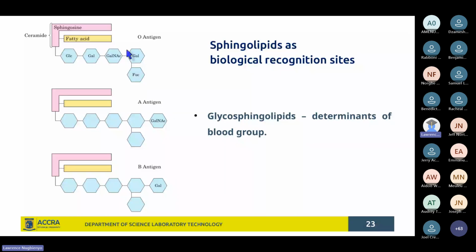So persons that are blood group AB will contain both A and B antigen. So you do remember these things. This is the foundation: in different persons you have these different glycosphingolipids, which are determinants of the blood groups based on this ABO blood group classification. All right.